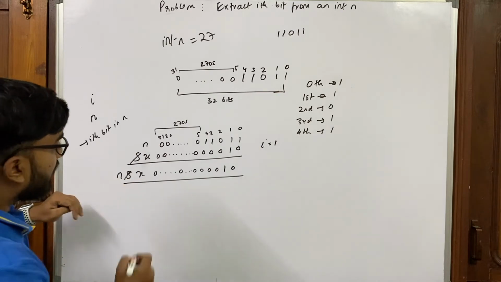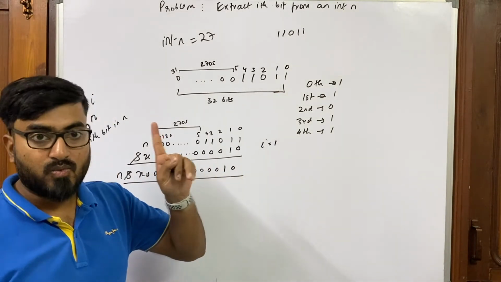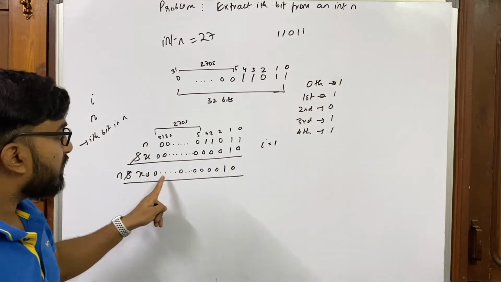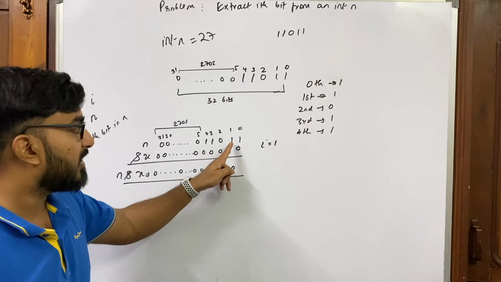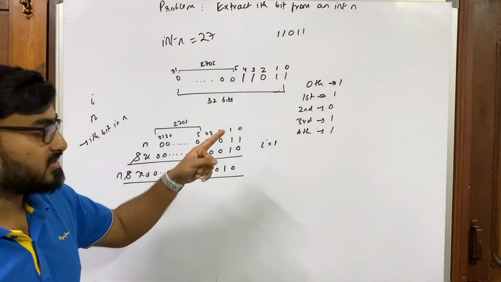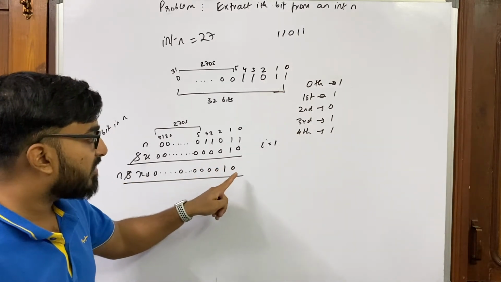So if the value you get here has at least one 1, it means the ith bit was 1. If this value has all zeros, it means the ith bit was 0. In this case, there is a 1 here, so the ith bit was 1. How do we check if there is at least one 1 here?